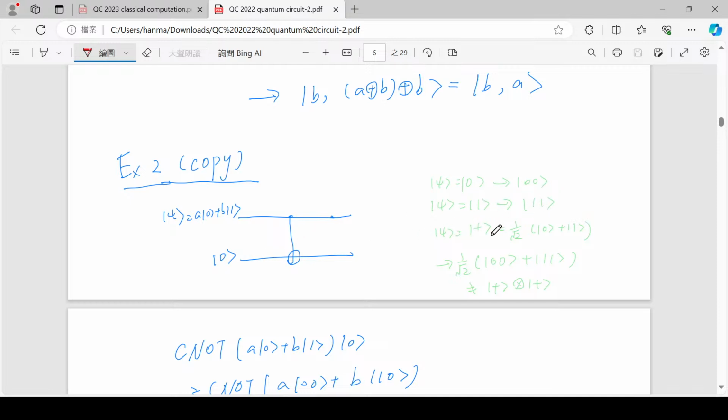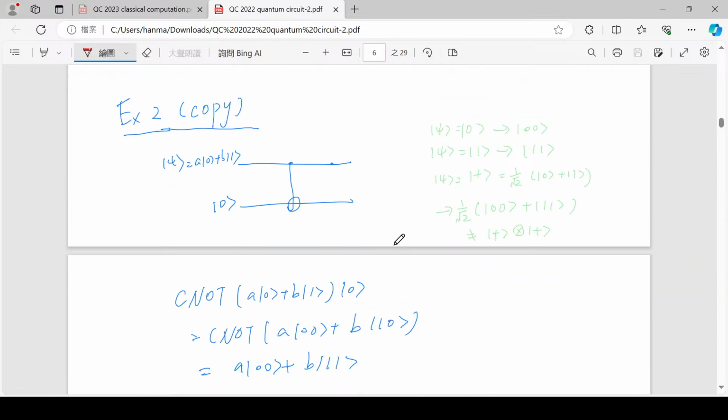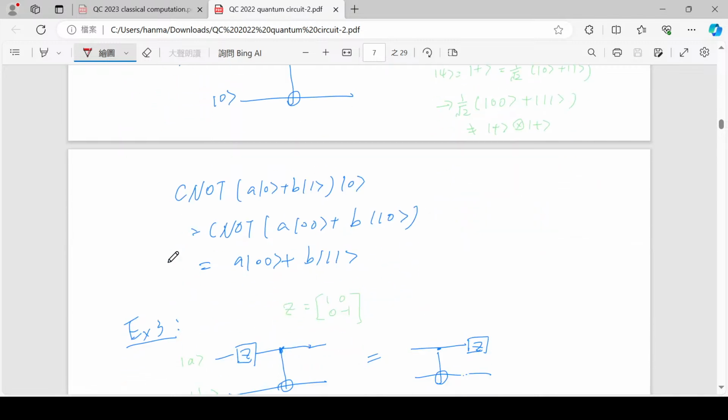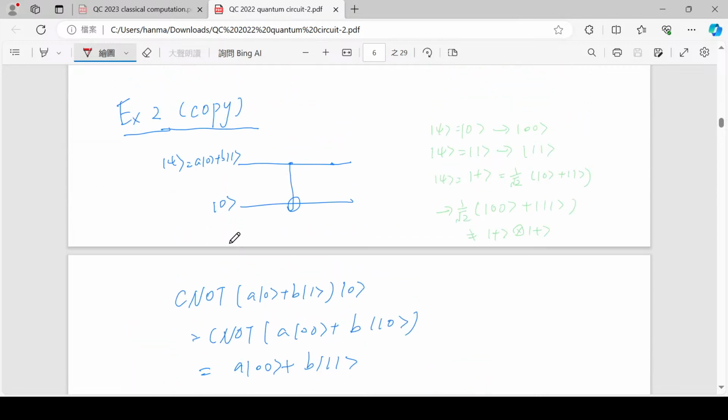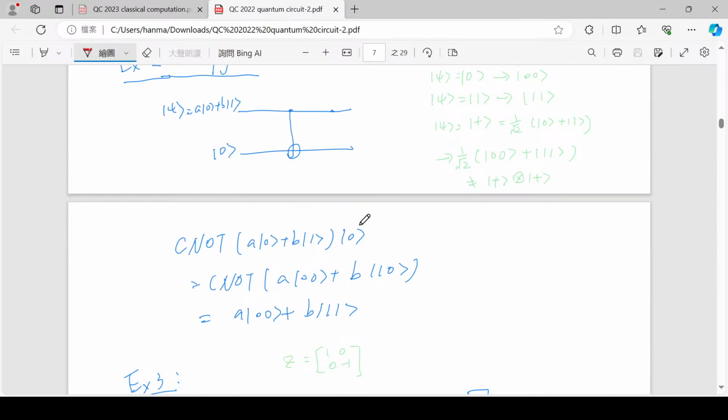But if you have a plus state, okay, so this is the same quadrant as before, I guess we should actually see the calculation here. So CNOT on a0 plus b1 tensor 0, and as we say, we expand into the computational basis. So it's a00 plus b10, and then you just apply what CNOT does to the computational basis.